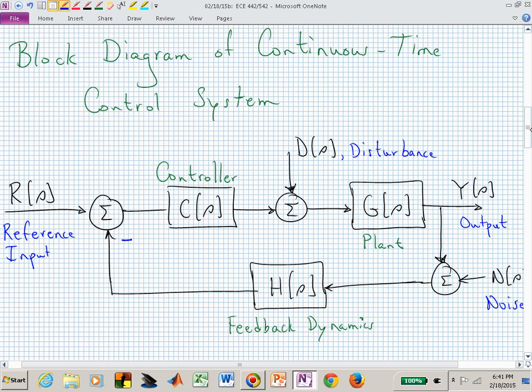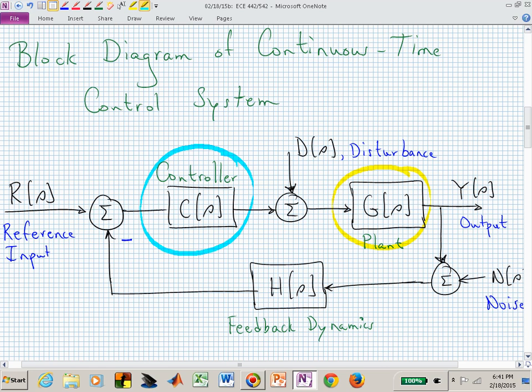Now what we want to do is figure out, when do we change maybe this to a digital representation, or when do we change this to a digital representation?